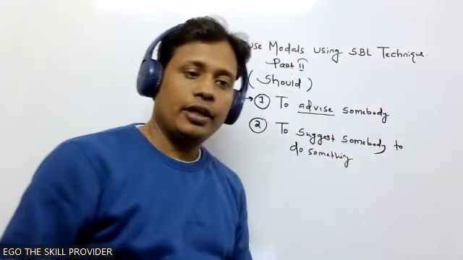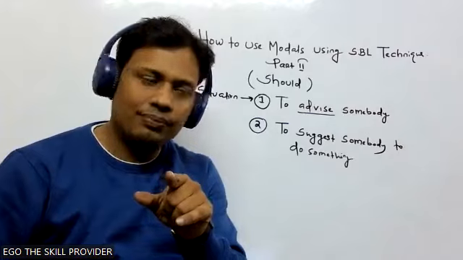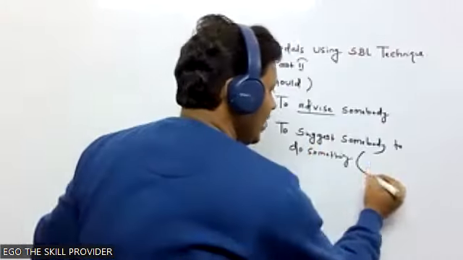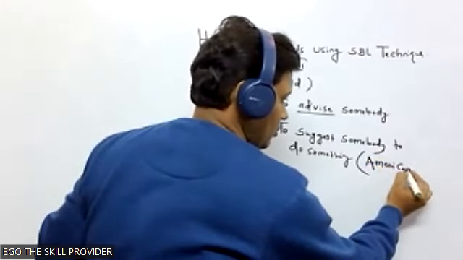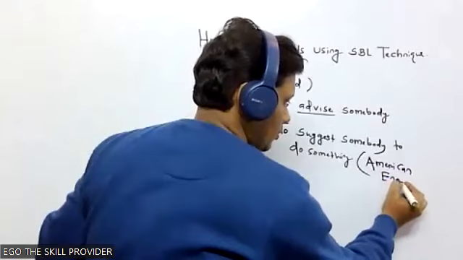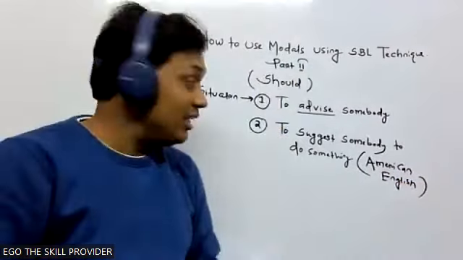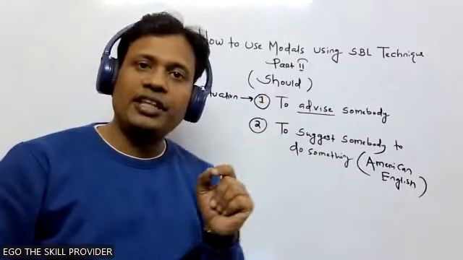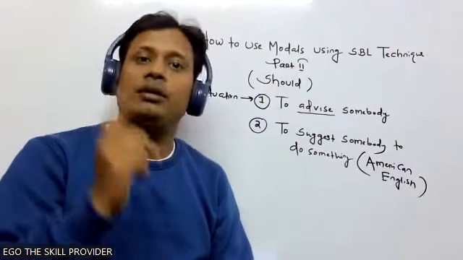So yesterday, you might have remembered that we are using shall to suggest somebody. But here, this is called American English. People in America use should whenever they want to suggest somebody. But people in Britain, they use shall.